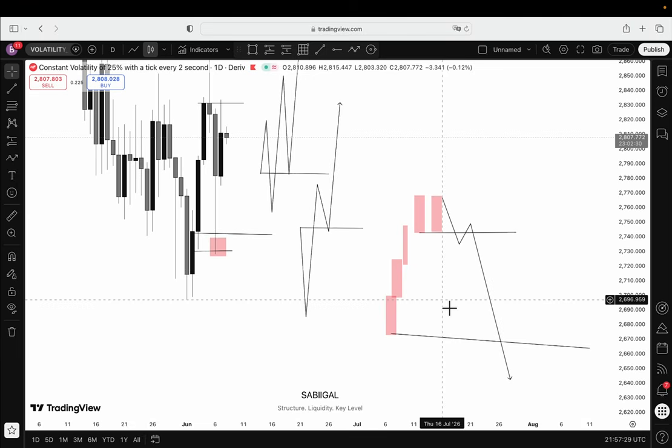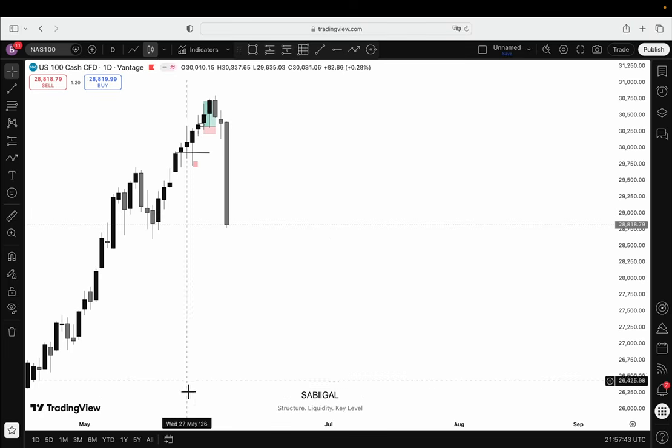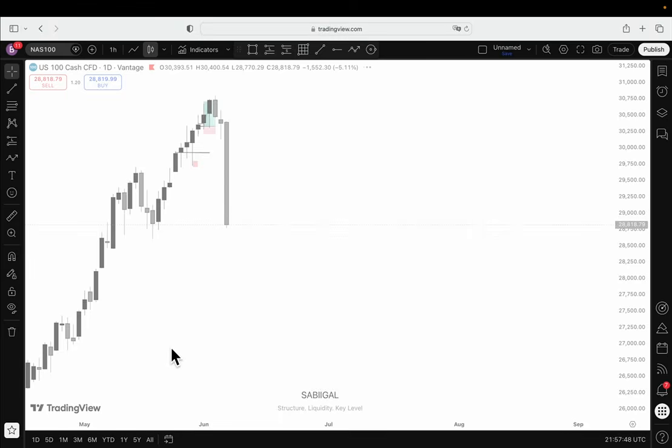How do you mark your structure, since you are using rejection from the higher time frame to build bias, or is it just rejection plus breakout that you use? No, if you get this, where is that trade, where is that NAS 100? See, when we got this rejection, when I went to the 1 hour time frame, what did you realize?